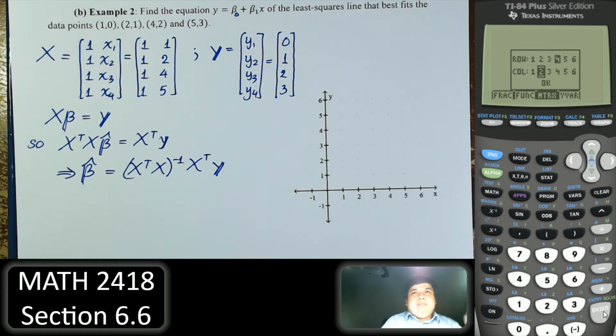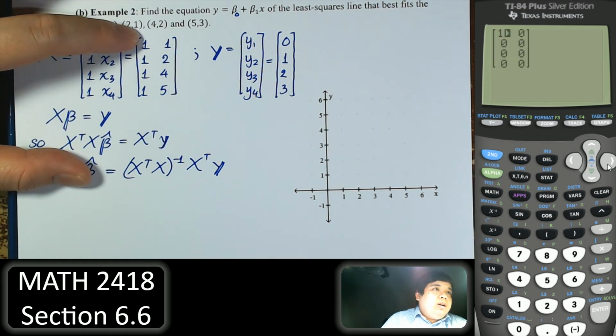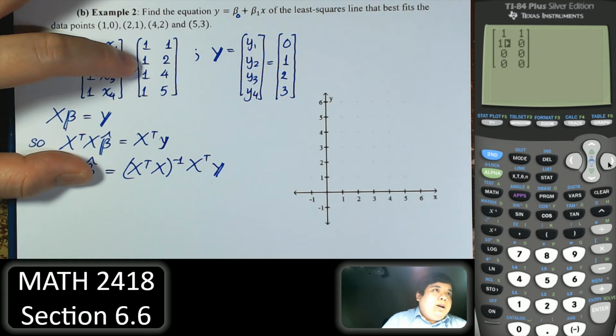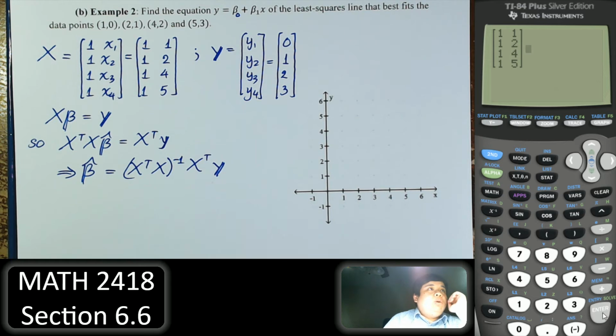Of course, when that happens, I could enter the matrix and then transpose, but I don't want to do that. So 1 1, 1 2, 1 4, 1 5.